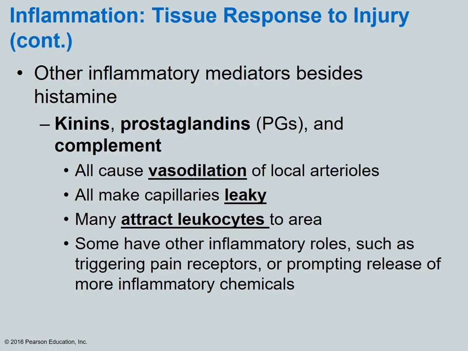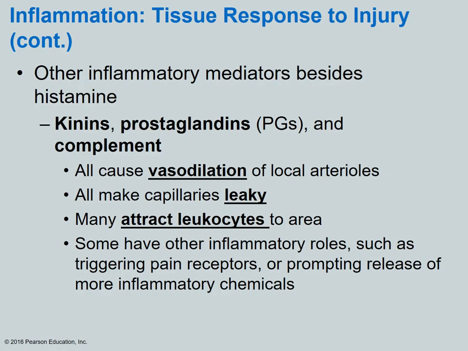Now, a lot of these chemicals that are released, histamine is an example, and then you have kinins, prostaglandins, complement. What these are typically going to do is cause vasodilation of the arterioles in that area, and they're all going to make the capillaries extra leaky. That means you're going to be increasing blood flow to the area by making the capillaries leaky.